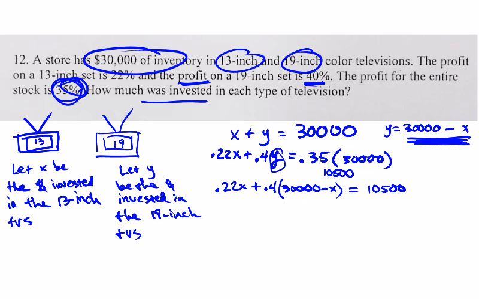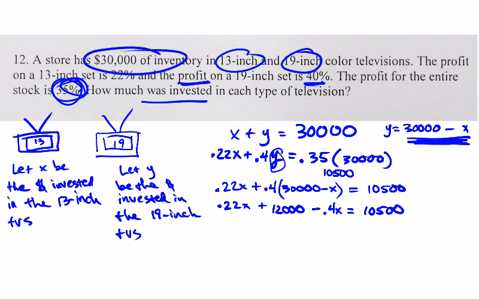And so I'm going to distribute, so it'll be 0.22x plus, and if you have a calculator, 30,000 times 0.4 equals 12,000 minus 0.4x equals 10,500.